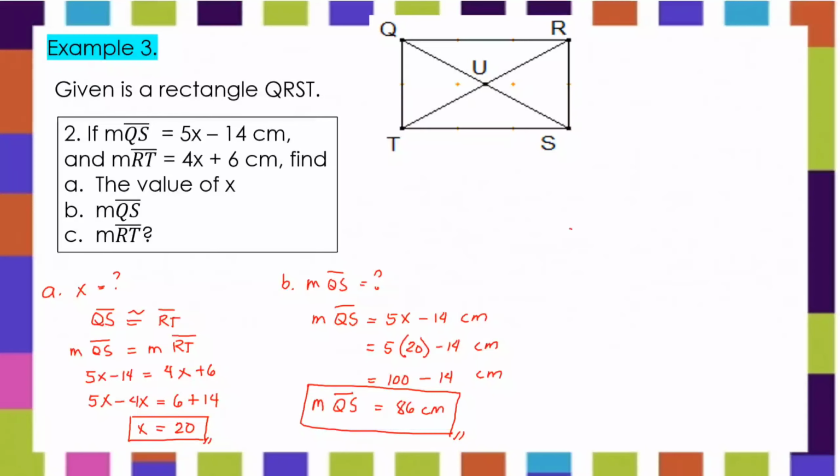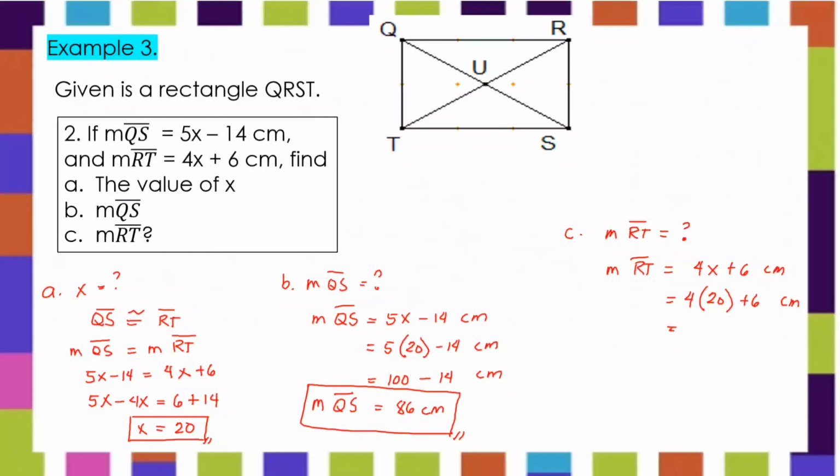For letter C, ang hahanapin naman natin ay ang measure ng diagonal RT. So, since the diagonals are congruent, tingnan natin kung ang makukuha rin nating measure ng diagonal RT ay 86 centimeters. So, substituting the values, we have the measure of diagonal RT, that is 4x plus 6 centimeters. Substitute lang natin yung value ng x. We have 4 times the value of x is 20 plus 6 centimeters.